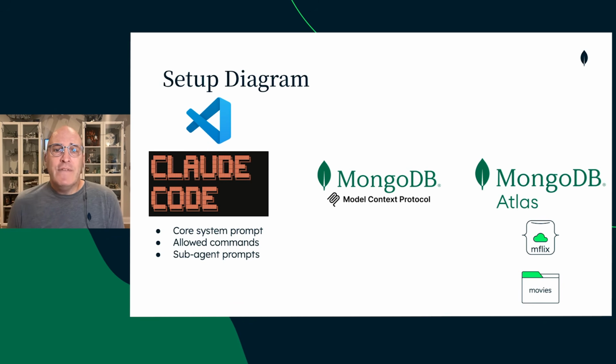To glue the two environments together, we're going to be using the MongoDB MCP server. If you've not used the Model Context Protocol yet, this is a protocol that our friends at Anthropic announced last November. And you can think of it as a facade on top of your favorite API, in this case, the MongoDB API.